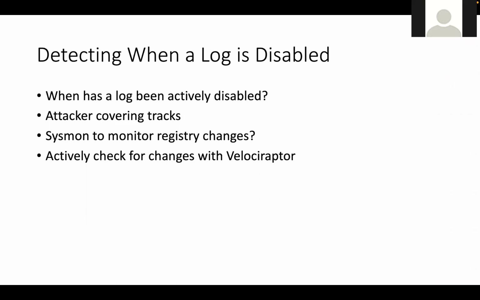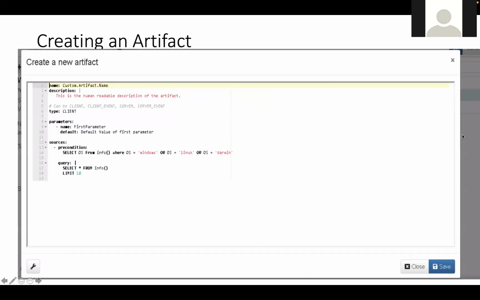You could just attach it to the agent, and it'll run it periodically. We can even run this type of query once every 15 minutes, an hour, or a couple hours to detect when the log has been actively disabled. So you can actively check for these changes. What would that look like?